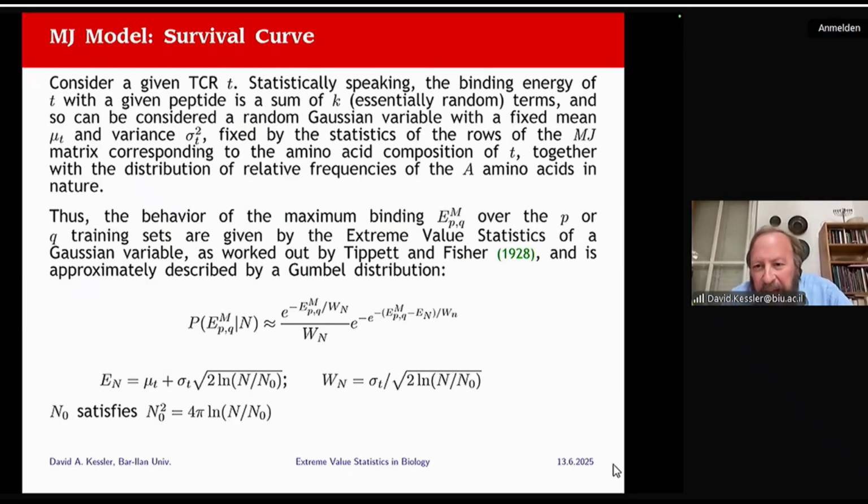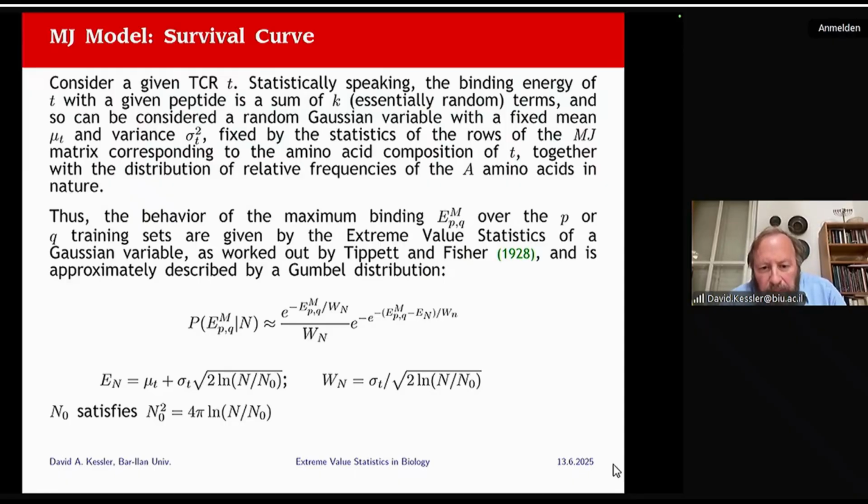So basically, you can think of it as a random Gaussian variable with some mean mu_T and variance sigma_T squared, which depends on the actual amino acids comprising the T. Because it happens that some amino acids are weaker in this MJ model, or more weakly interacting than others. So it depends on the actual mean and variance for the given amino acids in the T.